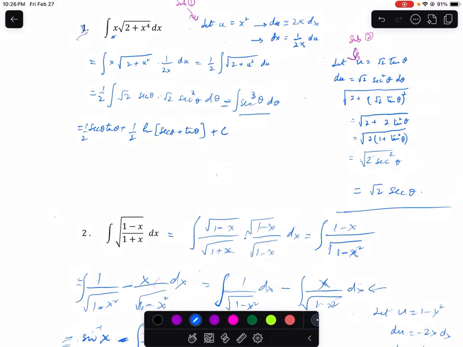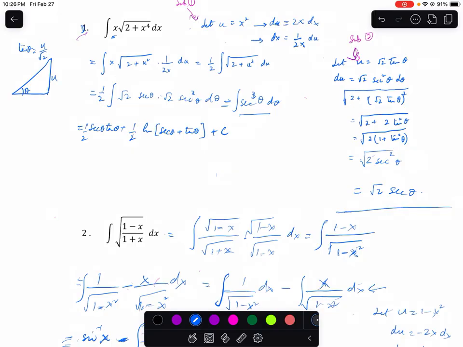First we go from theta to u. So what is u? U is the square root of 2 times tangent theta. So tangent theta will be u over square root of 2. So I can make a triangle with theta, because we have tangent of theta equal to u over square root of 2.